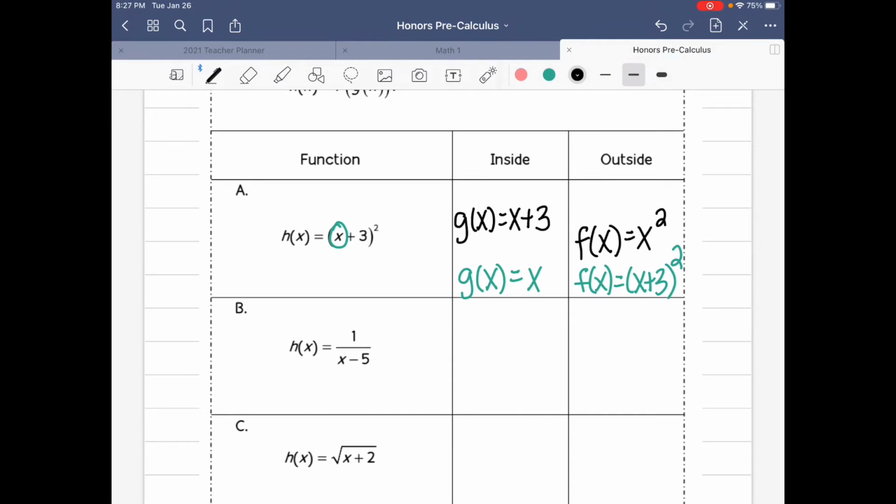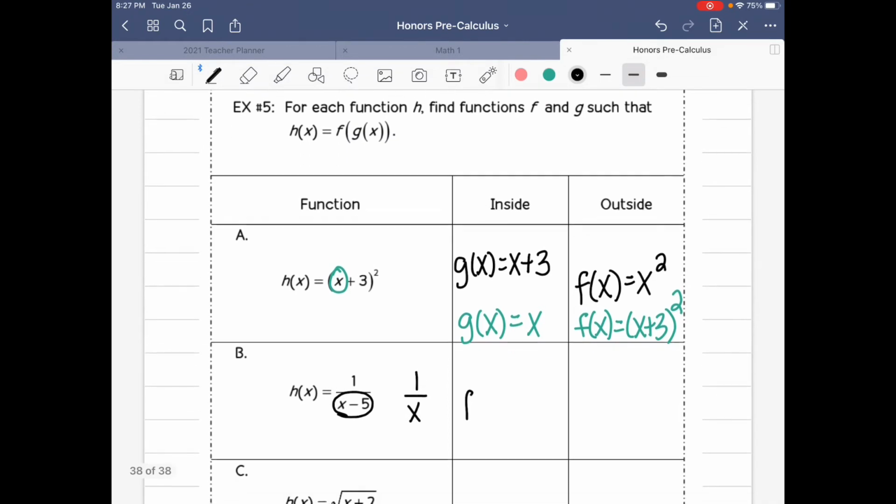All right, so when I'm looking at the next one, I have h of x is 1 over x minus 5. So we need to figure out what our input and our output values are. One of the first things I would jump to is I have this whole piece at the bottom, x minus 5. So that would be my input. What would the function have to be if I took that out? We would just be left with 1 over x.